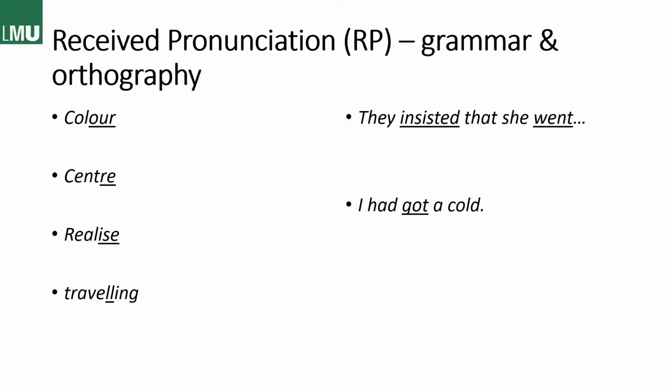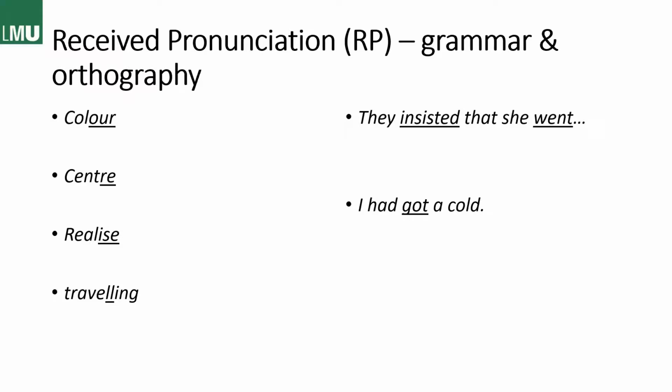And we also have differences in grammar and in orthography. So let's go to orthography first. So when you write the word color, you have OU in the last syllable. And of course, there are other words as well, like savior, for example, you also have OUR at the end. Then when you write center or theater, you have RE at the end, not ER.